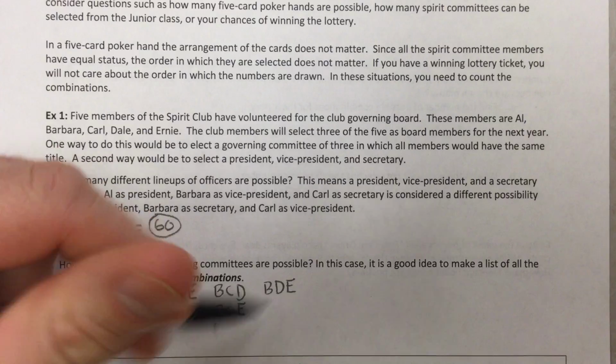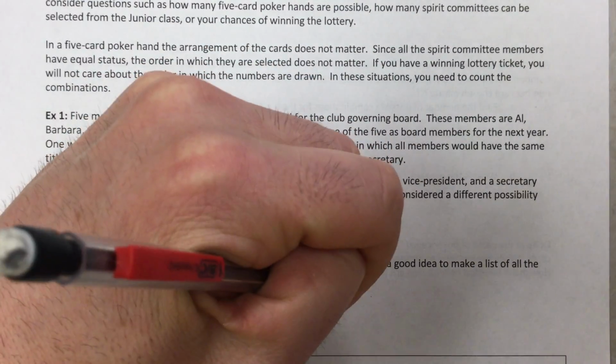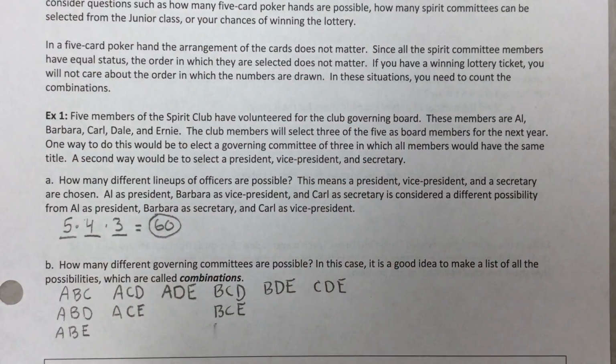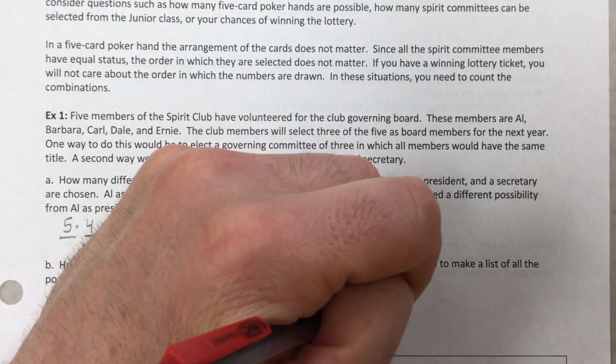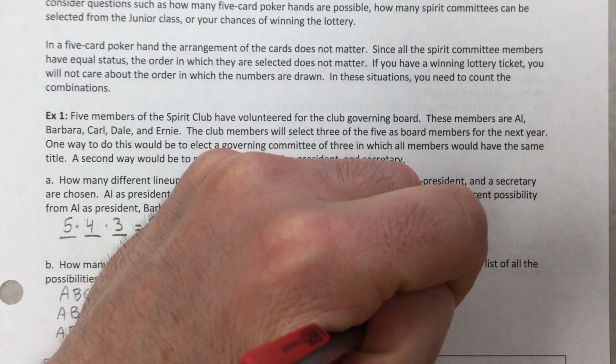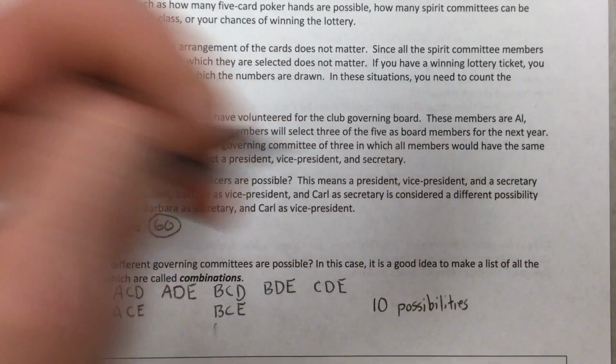And those are all the ones with Barbara and not Al in them. And then I could get rid of Barbara and Al, and I would have Carl, Dale, and Ernie. So these are all the groupings: 1, 2, 3, 4, 5, 6, 7, 8, 9, 10. So there's only 10 possibilities, or groups, for this one.